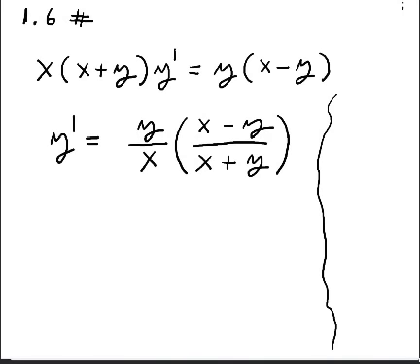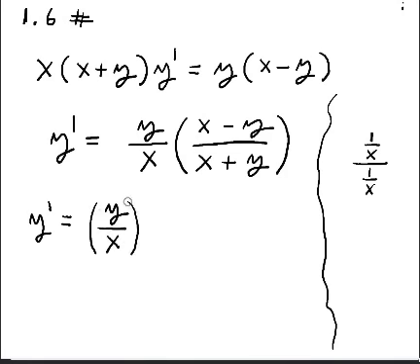And I'm seeing this y over x. So what I'm going to do is multiply the right-hand side of this expression by 1 over x divided by 1 over x. Just watch what happens. So y prime would be equal to, and then I'm going to use the distributive law in the numerator and the denominator.